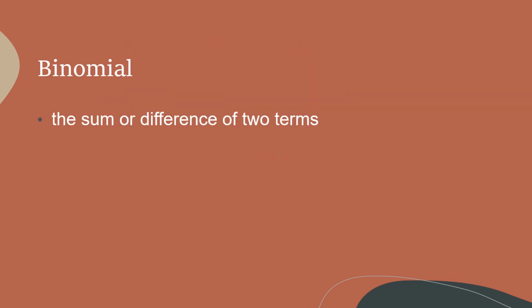For the next one, we have binomial. So binomial is the sum or difference of two terms. So like for example, we have 5x plus 2. So dito sa binomial, siya is sum or difference ng dalawang monomial. Ibig sabihin, if we add two monomials, or kapag nag-subtract tayo ng dalawang monomials, we will have a binomial.